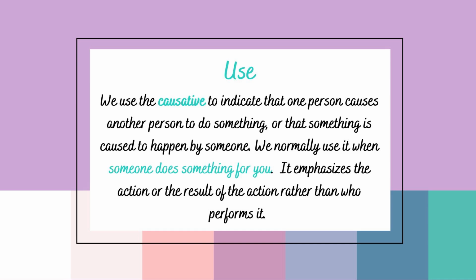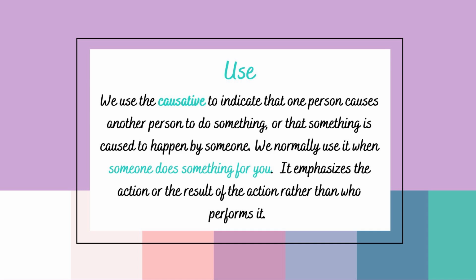In today's video, I'm going to explain the causative with have and get, which is also known as have or get something done. We use the causative to indicate that one person causes another person to do something, or that something is caused to happen by someone.